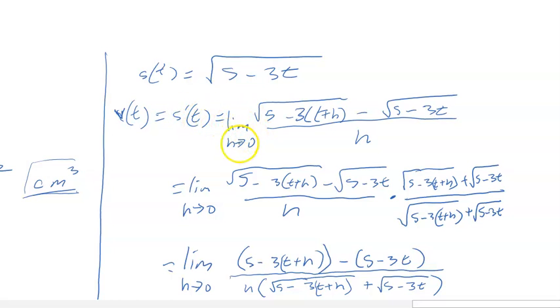That's equal to the limit as h approaches 0 of radical 5 minus 3 parentheses t plus h minus radical 5 minus 3t, all over h. Now notice here there are a bunch of radicals and a minus sign. And remember, if we plugged in our h here, we'll have a division by 0 problem.